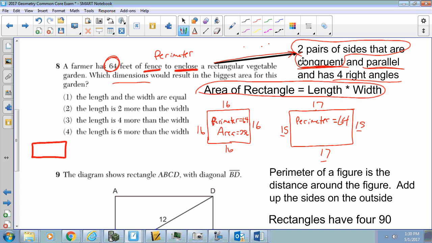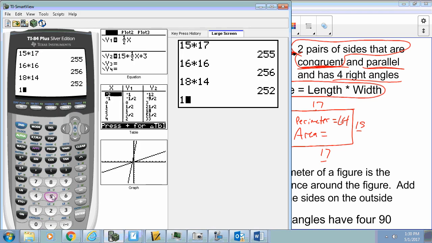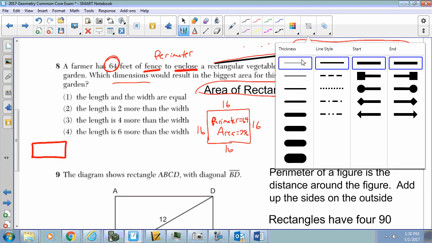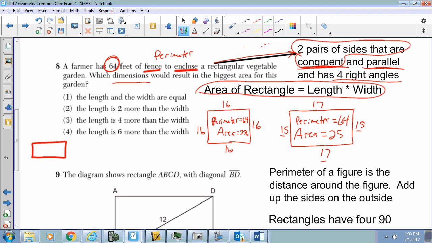So your perimeter is not changed, but your area will. Your area would be 15 times 17. I'm going to go to the calculator and do 15 times 17, and that would be 255.